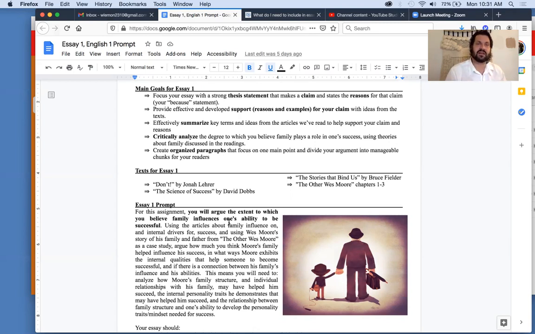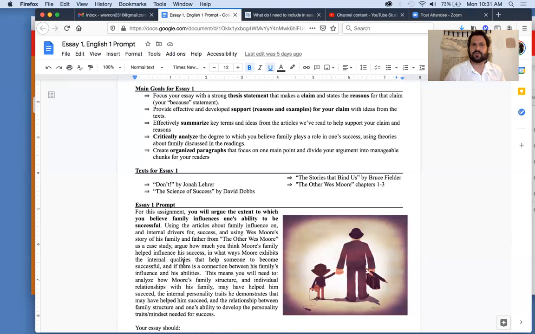For this paper, it might be useful to differentiate family from environment, even though they sometimes get grouped together. That way, when we're talking about environment, maybe we're talking about where you live or your socioeconomic status, versus the people you're living with.